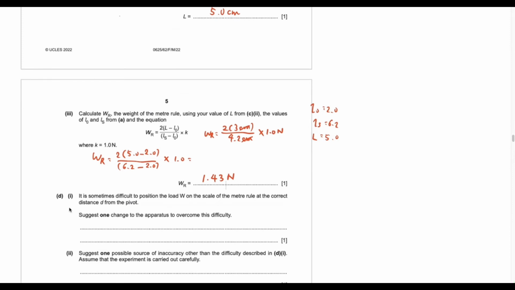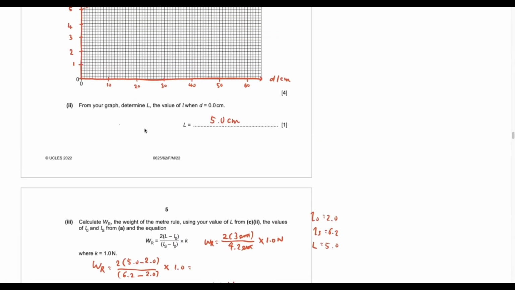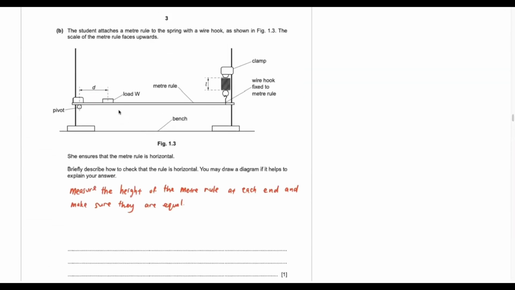Now, D part 1. It is sometimes difficult to position the load W on the scale of the meter rule at the correct distance D from the pivot. Suggest one change to the apparatus to overcome this difficulty. You see, what happened is you want to put the load on the meter rule.